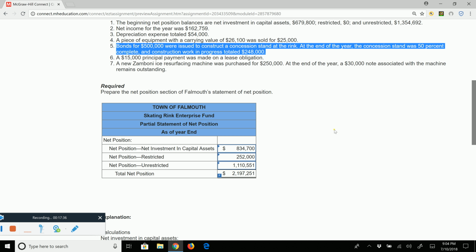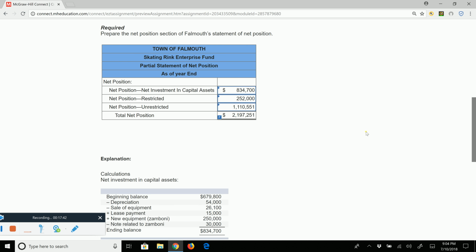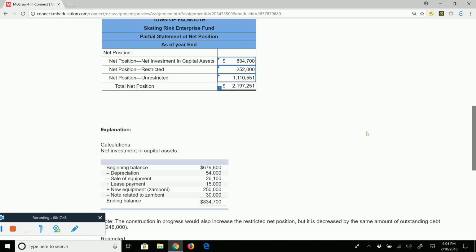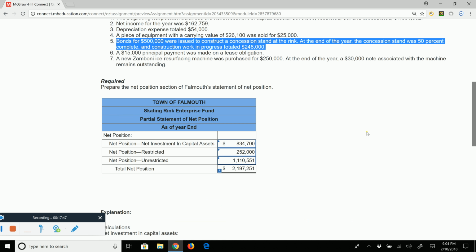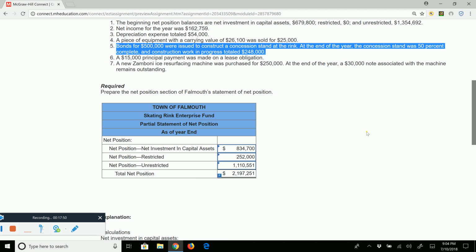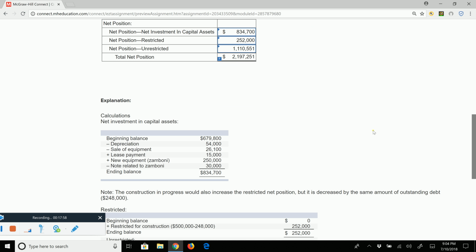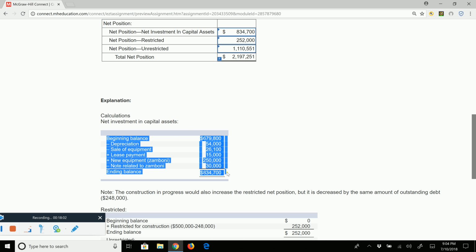We have spent $248,000 up to this moment in time. Okay, so what are we saying here? We are saying that the $248,000, okay, what happened is your net investment in capital assets increased by $248,000. So you might be saying to yourself, how come I don't see it anywhere in the calculation?